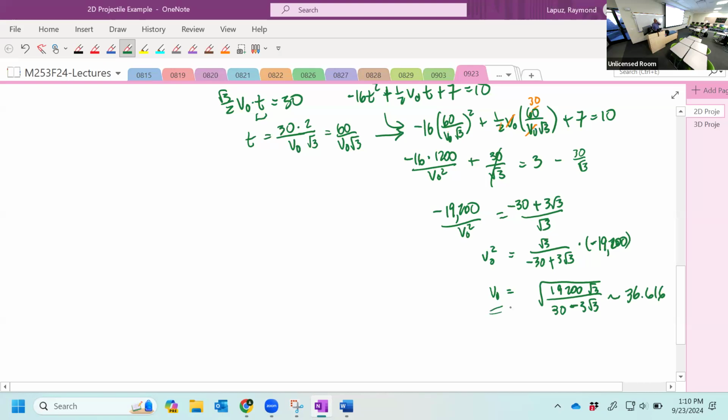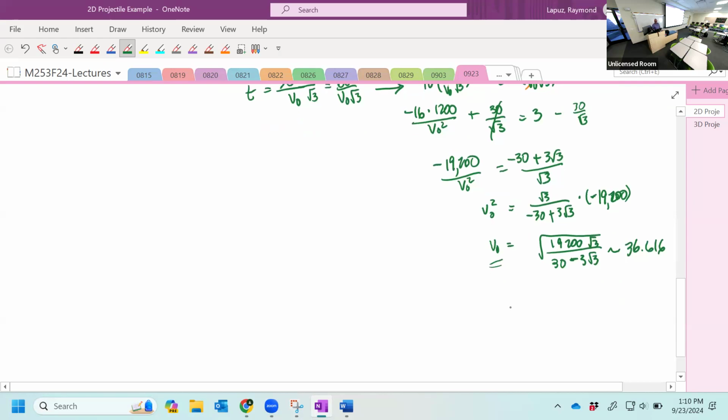So you can say that Steph has to shoot with initial speed of 36.616 feet per second.